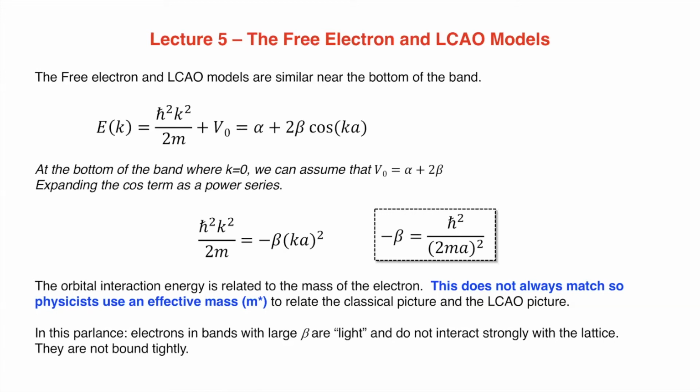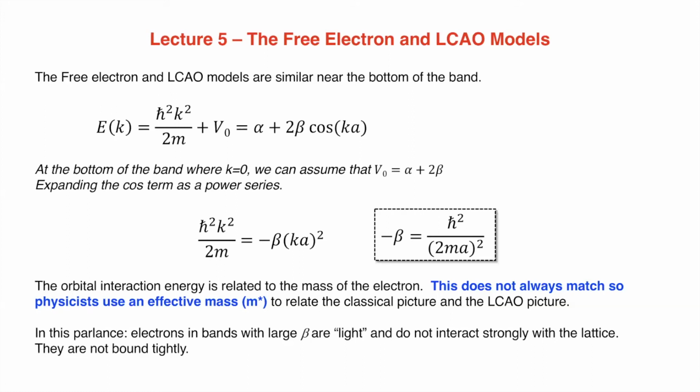But what physicists will often say is that in a band where beta is large, in other words, in a band where the orbital interaction strength is really strong, the effective mass of those electrons must be very light. So the fact that the electrons are light means that they move around quickly, they have long wavelengths, and they do not interact strongly with the lattice.